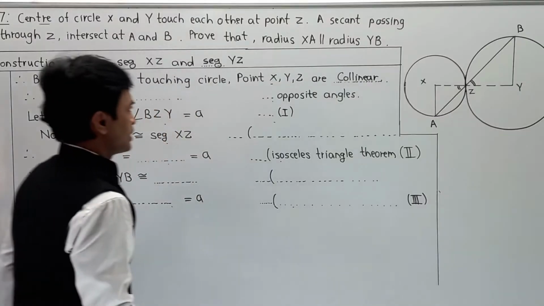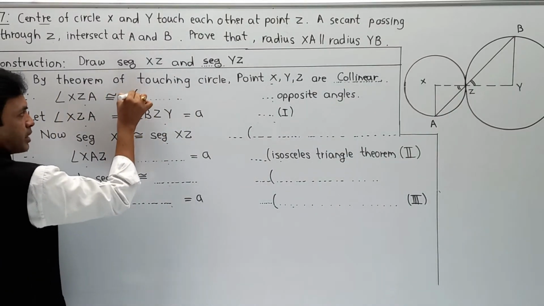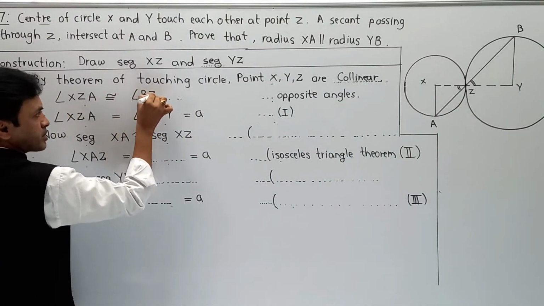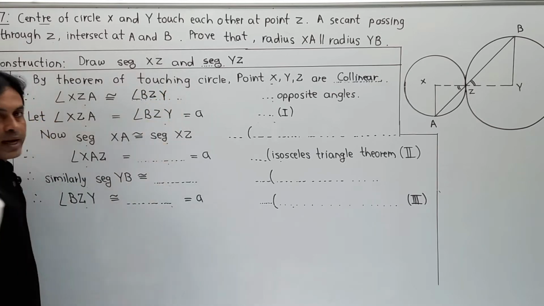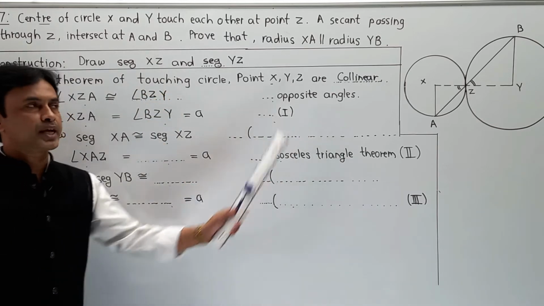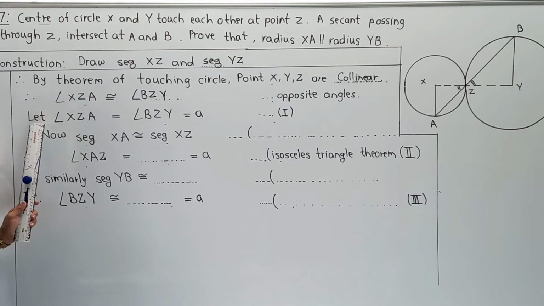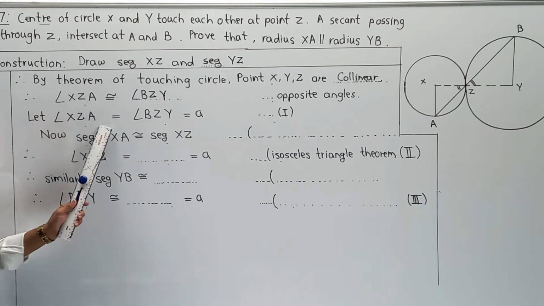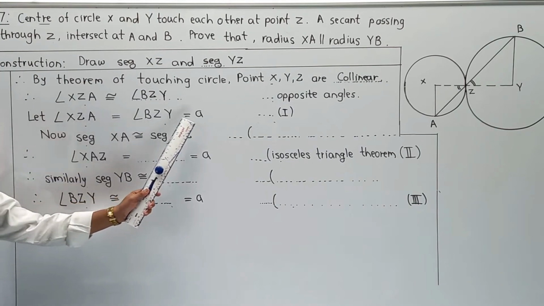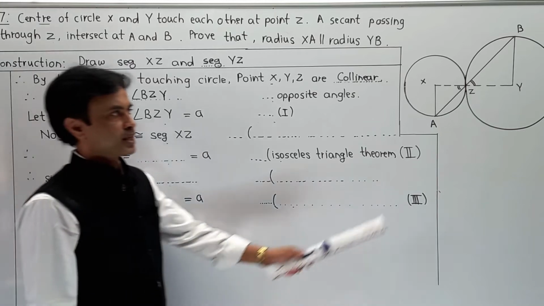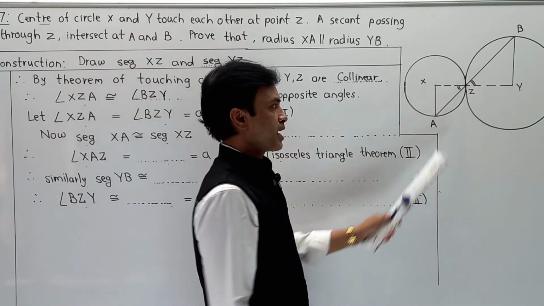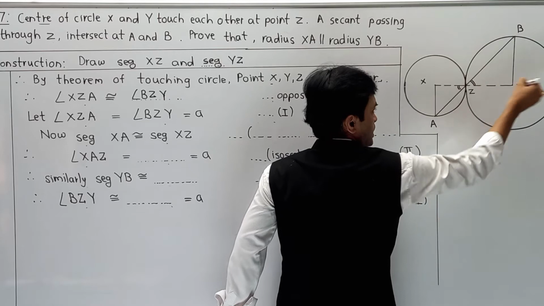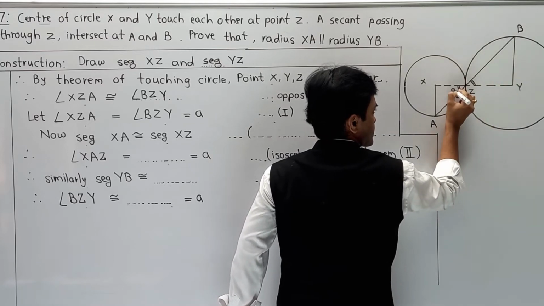So I am going to write the answer as angle BZY and your reason becomes opposite angle. Next, let angle XZA equal angle BZY equal A. Here they have assumed it as A.